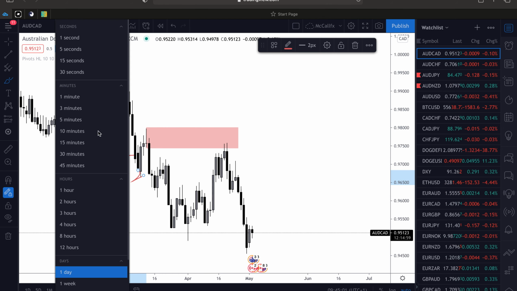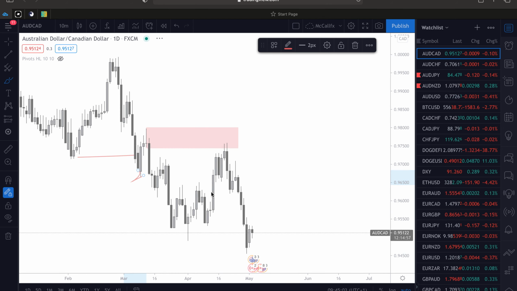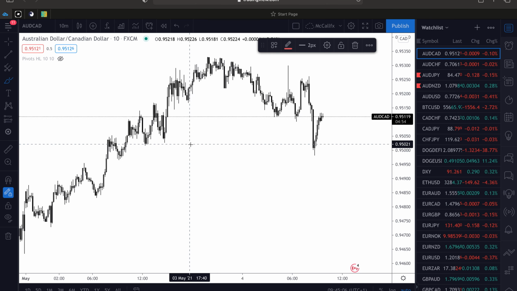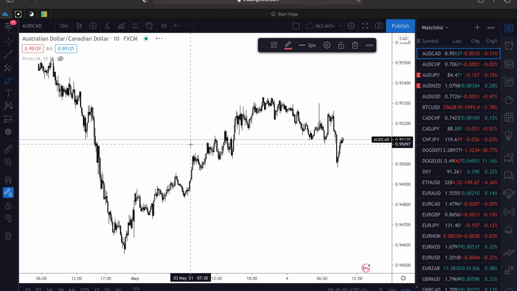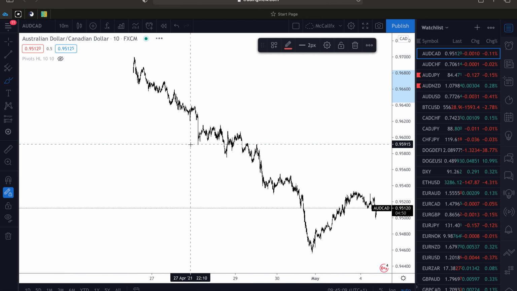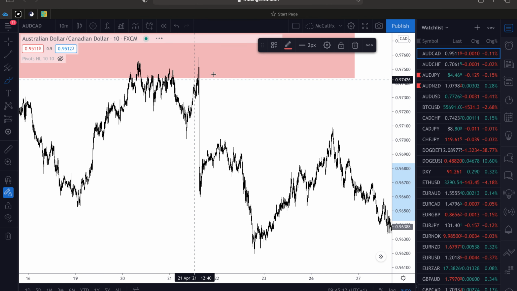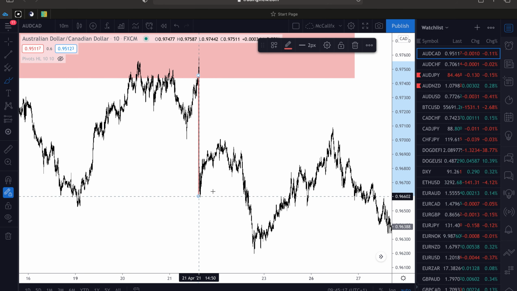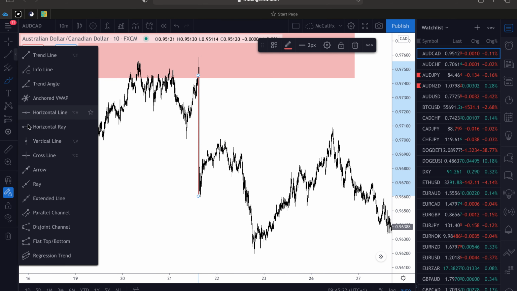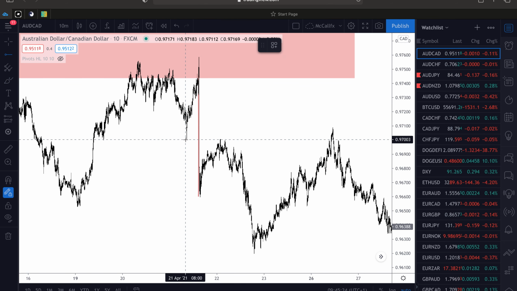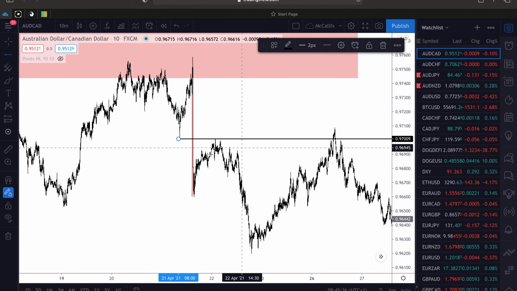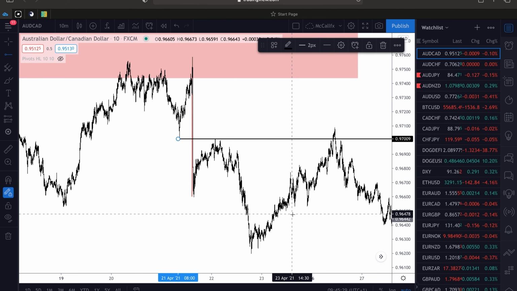Now on a lower time frame, we could get different entries within this, because when price hit our level, we usually see a Wyckoff schematic forming around this region. And also once we had this strong push to the downside, I knew for sure that price was going to go back down. So what I actually did was I took my horizontal ray and put a line around this side. I was expecting price to come into this region and then sell.